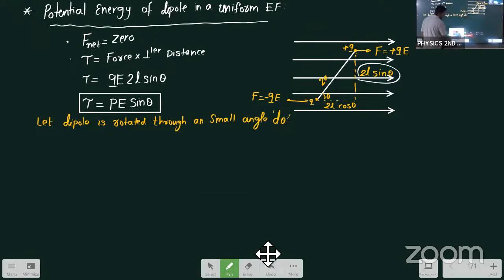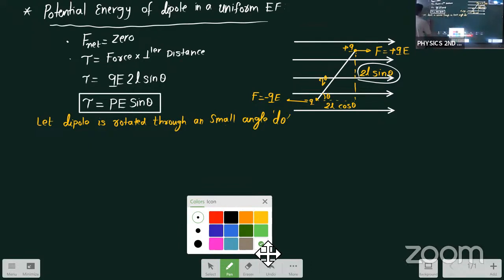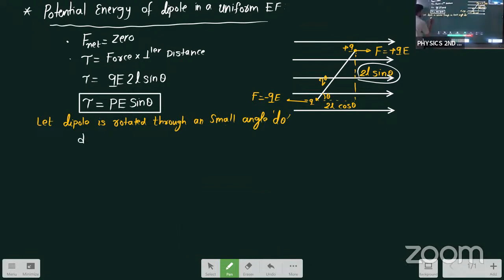Then the small amount of work done, dW, because we have rotated the dipole through a small angle d theta, will be given as dW is equal to torque into d theta. This is a very small amount of work done.